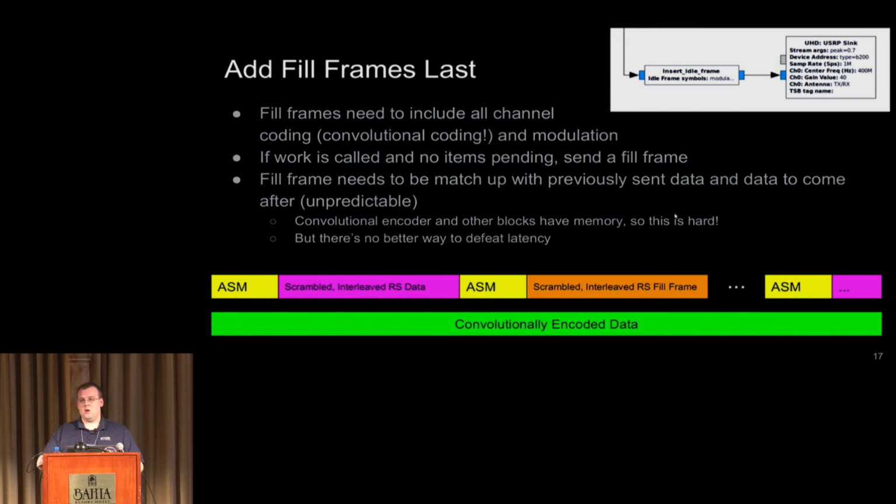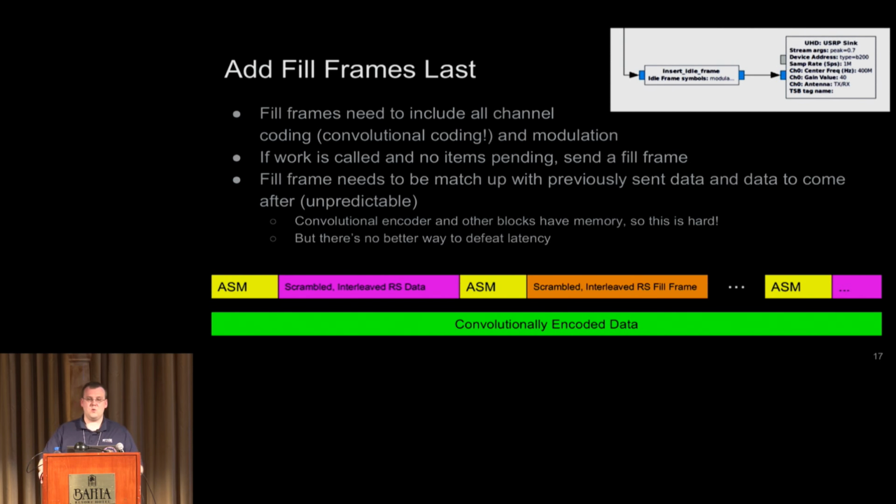Now, I talked about the real difficulty of this: since I'm adding this frame at the end, it's much easier to add the fill frame before all the encoding, because then you can just add the raw frame and it gets encoded by GNU Radio. If you try to add at the end, it's going to help with your latency, but since it's a continuous modem, you have to stitch everything up so it's bit perfect. And since I'm doing convolutional encoding, there's memory, right?